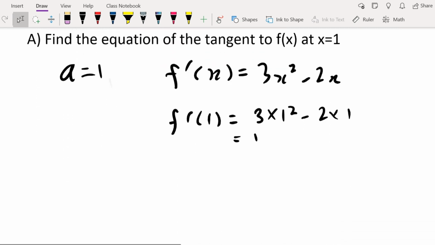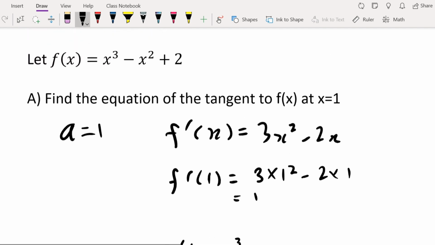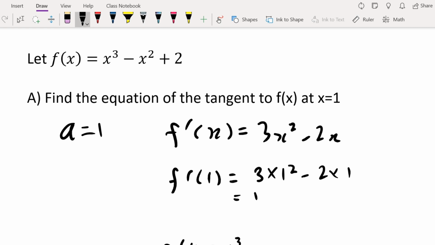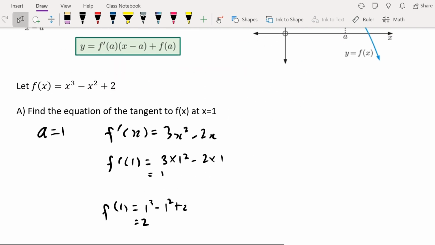And then f of a we also need, so f of 1, without the dash, is going to be, basing it off f of x, 1 cubed take 1 squared plus 2, or in other words, 2. So now we've got all of our bits for this equation.